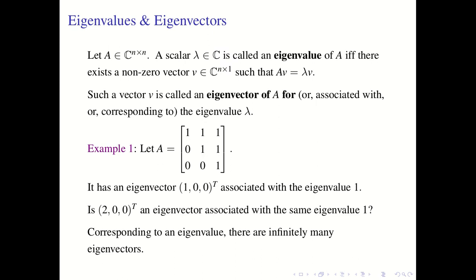So therefore I can write this as AV equal to 1 times V, where V is the vector 1 0 0. So therefore 1 is an eigenvalue and 1 0 0 is an eigenvector corresponding to the eigenvalue 1.